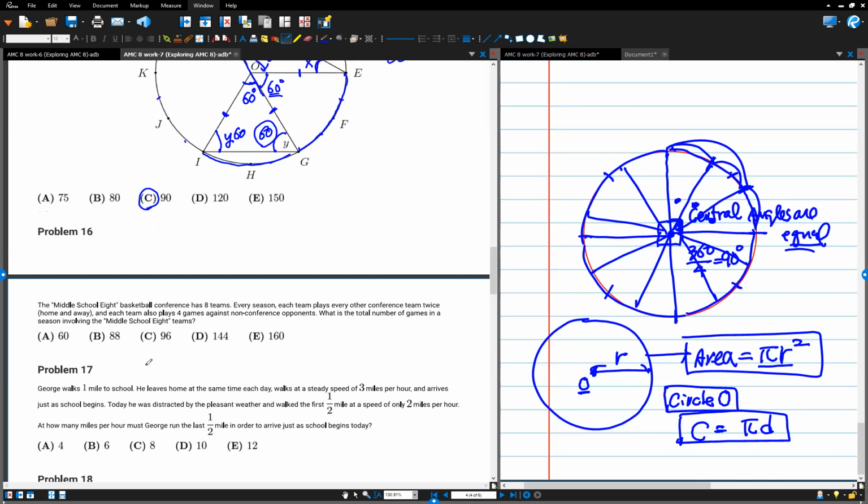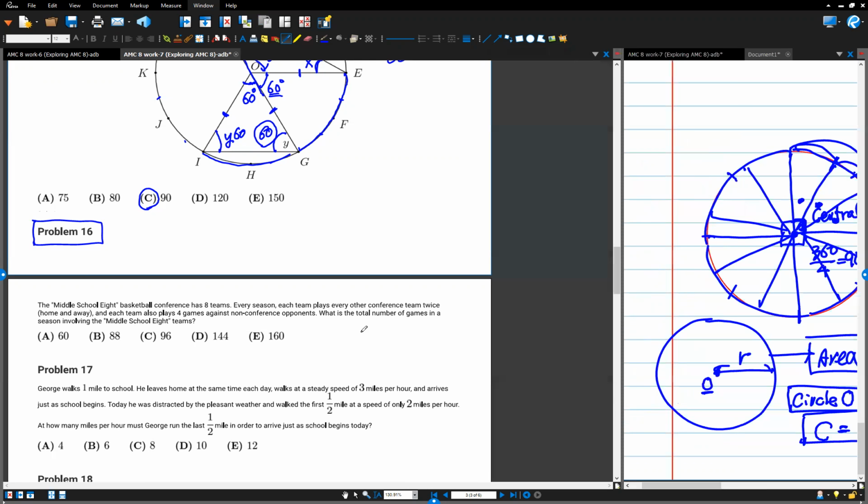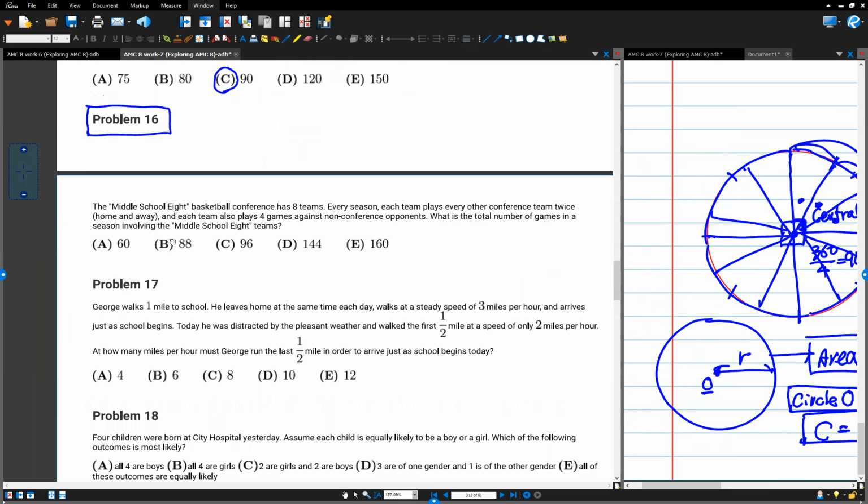Okay, can you guys read number 16? Can you figure out what the question is? Okay, try this one. Try to understand what the question is.